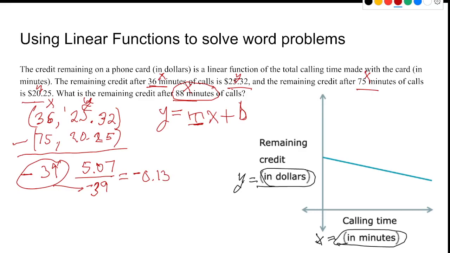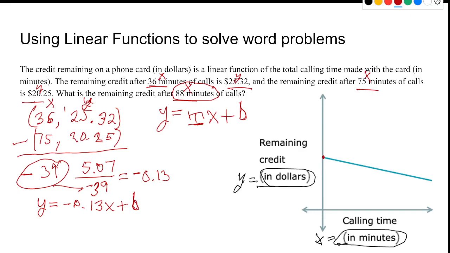Okay. So what we've got so far is that y equals negative 0.13x plus b. Now to find the y-intercept, the b, which is going to be the starting value, that's kind of nice to know what this card is.